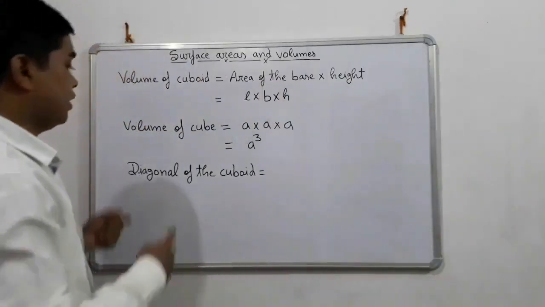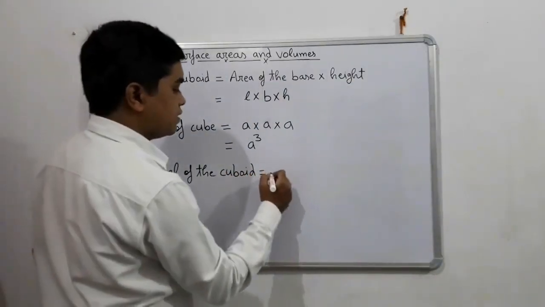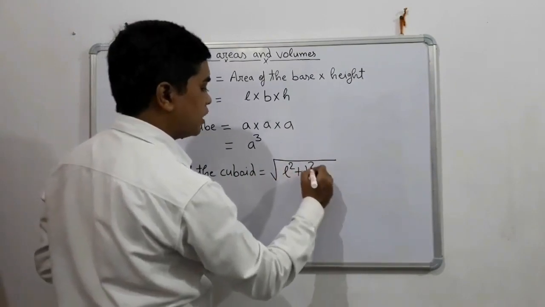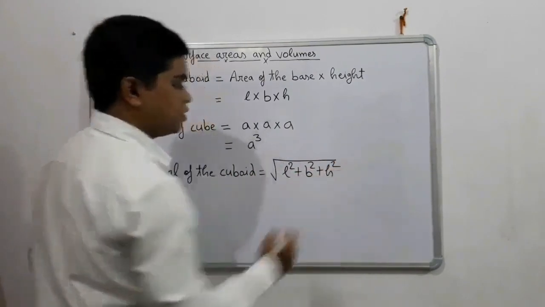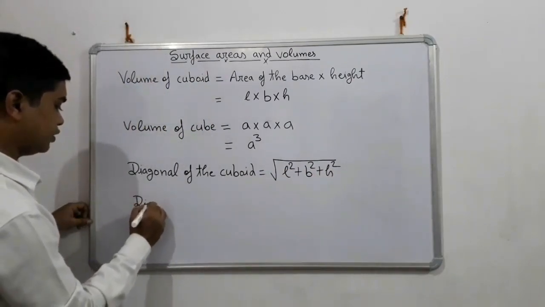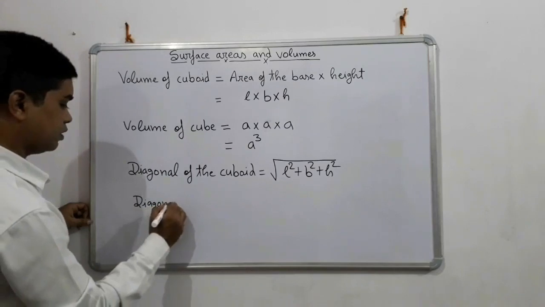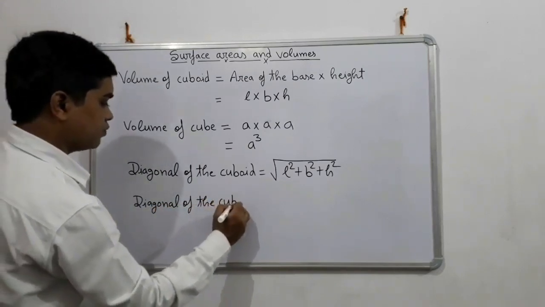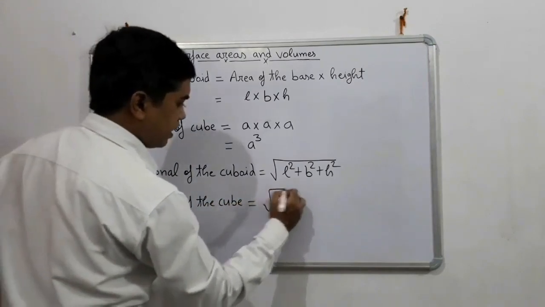So the formula for the diagonal of the cuboid is square root of L square plus B square plus H square. Okay, and now we will find the diagonal of a cube. So the same process you have to apply again.